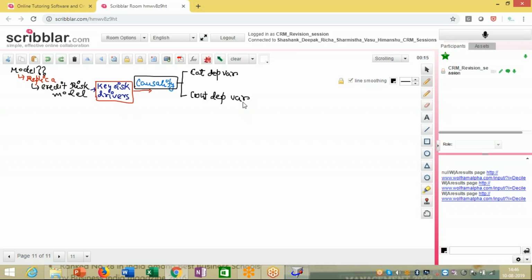Now if I want to model the categorical dependent variable, then if it's a categorical dependent variable, the model that we would use is the logistic regression model.